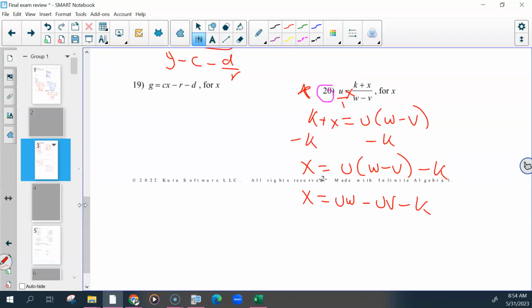So for 19, we do have a little bit more that we have to get rid of because we're trying to get x by itself. What do we think we get rid of first? For 19.